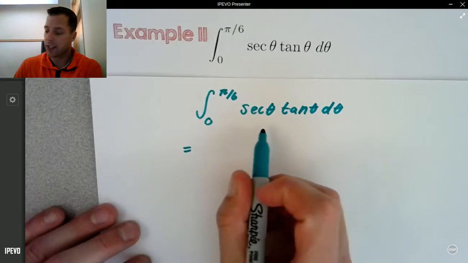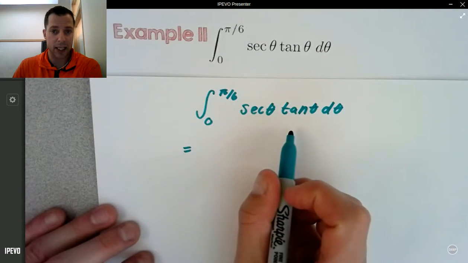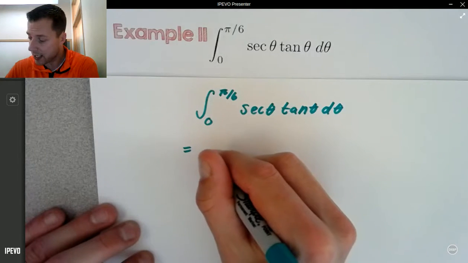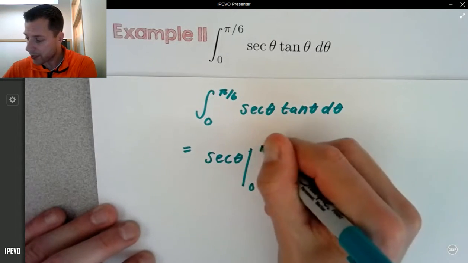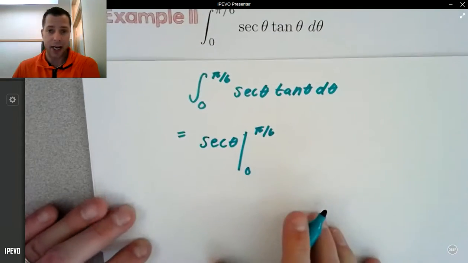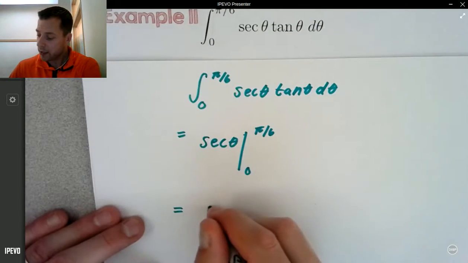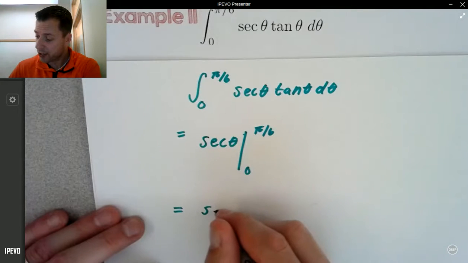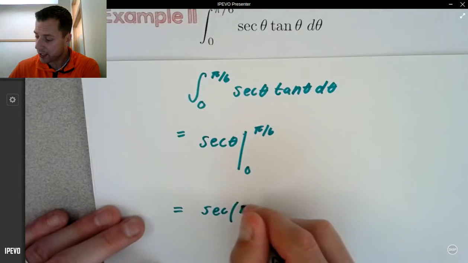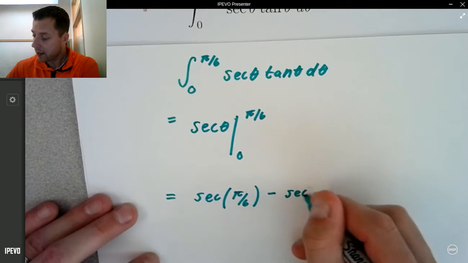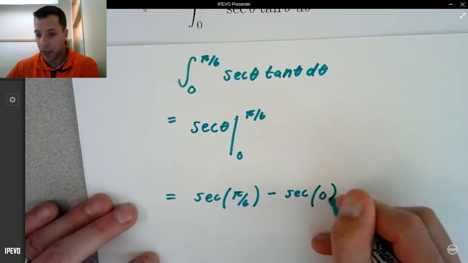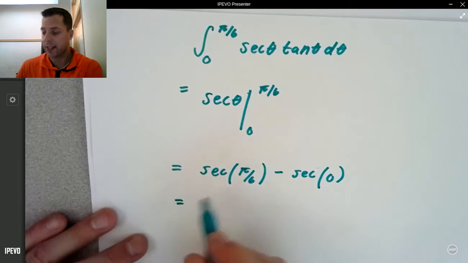The function whose derivative is secant theta tan theta is secant theta. So I'm going to have secant theta from 0 to pi over 6. Now we plug in pi over 6 for theta, so secant of pi over 6 minus secant of 0. Now we simplify.